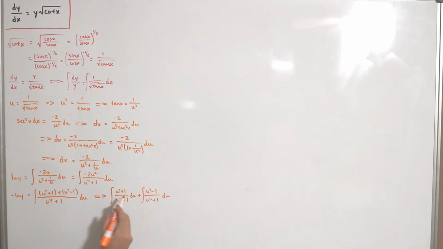So then from here, I can actually multiply and divide by u to the power -2. This will actually make things easier when we integrate. So I'll multiply u to the -2 to both the numerator and denominator for both integrals, so that we have our new indefinite integral.